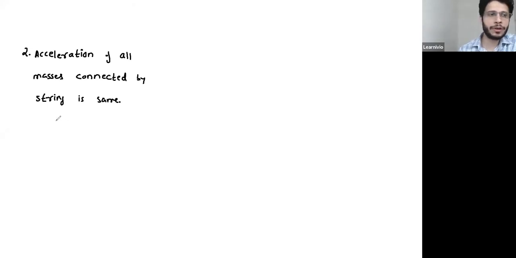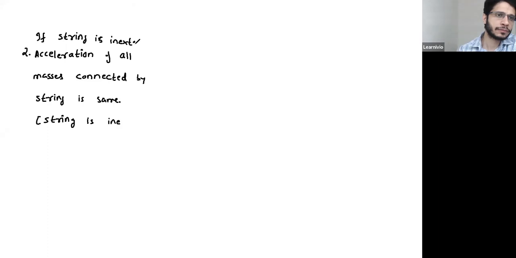But for this property, your string should be inextensible. Or I should write this as, if the string is inextensible, then the acceleration of all masses connected by the string is the same.